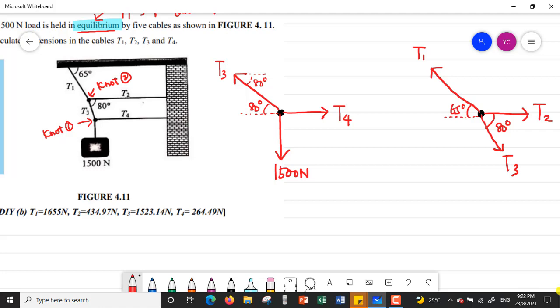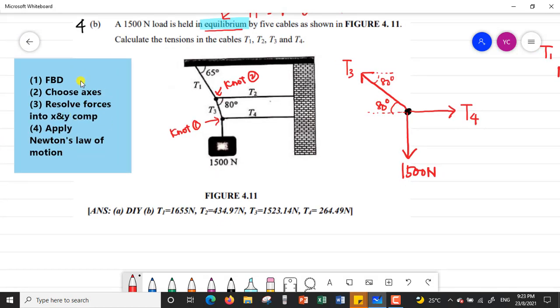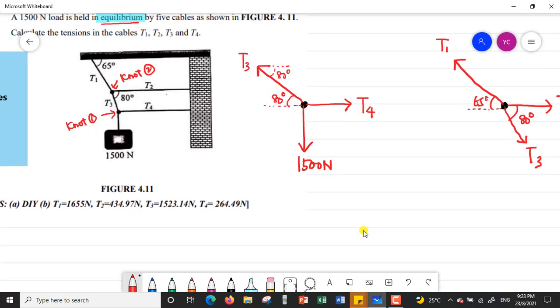So these are the two free body diagrams we have. Before we apply Newton's law, we have to choose our axes so that we can resolve all the forces into component X and component Y. To make it easy, I choose this one as component X. Here will be our component Y. I see that T4 lies along component X, and 1500 lies along component Y. T3 can be resolved into component X and component Y. So I resolve T3.